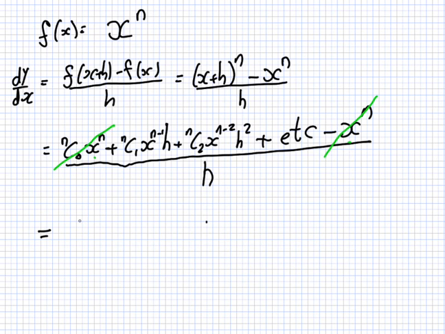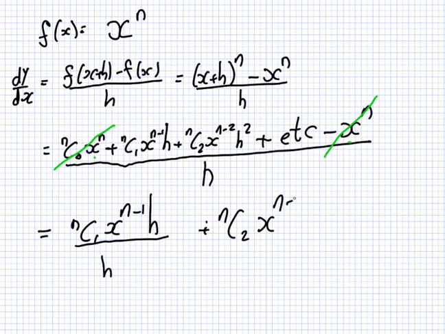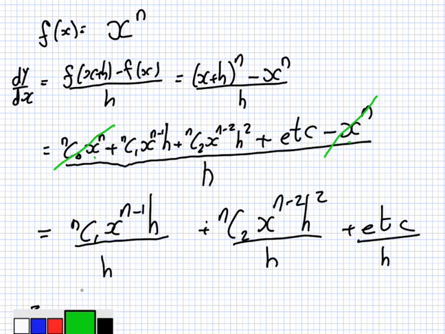So we're left with nC1 x^(n-1) h over h plus nC2 x^(n-2) h squared over h plus etc., all over h. So again, these h's cancel, which is nice.